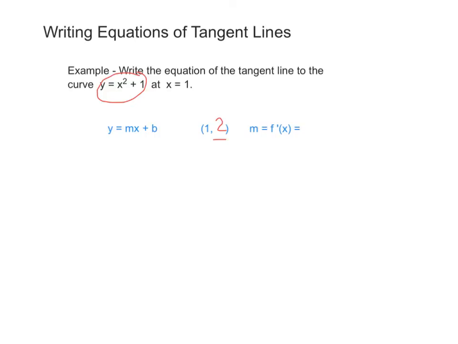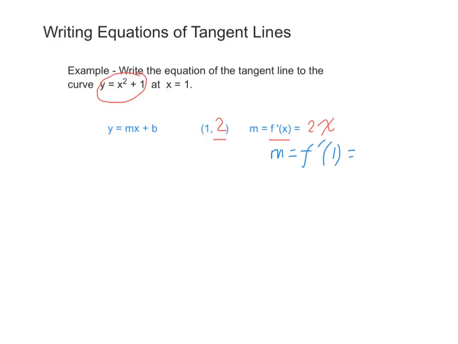The next part, however, is going to require calculus. In order to find the slope of a tangent line, we use the derivative. That's the whole purpose of calculus at this point. So I'm going to need to actually evaluate the derivative. Here in this problem, the derivative of x squared plus 1 would be 2x plus 0, or just 2x. The slope is actually going to be the derivative specifically at the point 1.